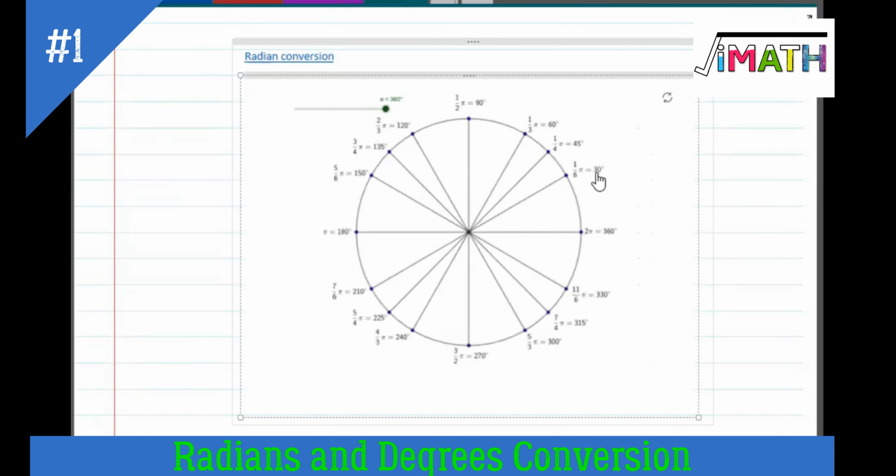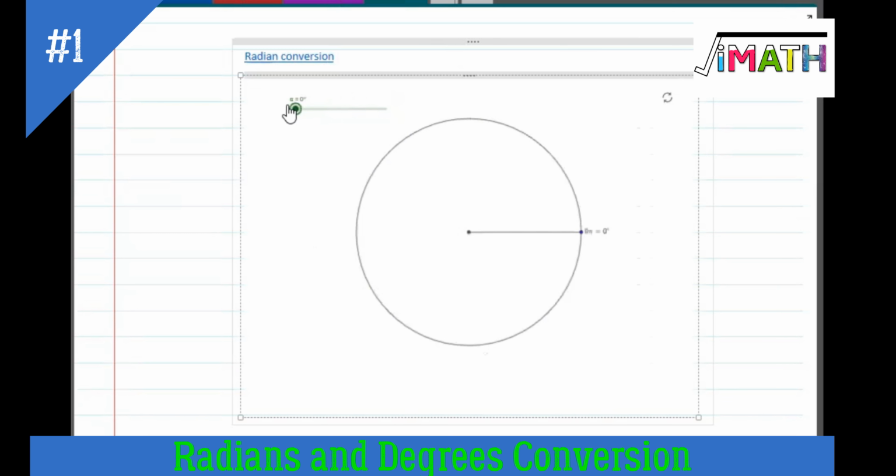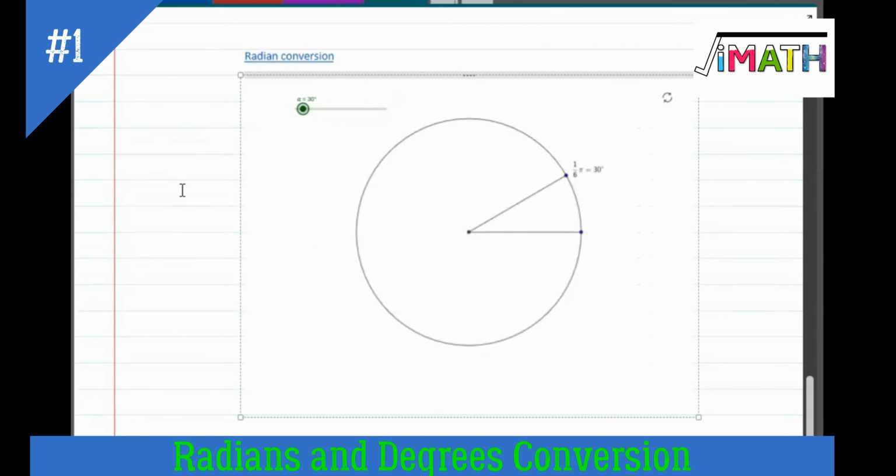We have this 30 degree, 45 degree, 60 degree, and 90 degree. And we want to know what would be the values. So let's start with 0, and I'm just gonna increase the value here. So we have got 30 degrees in terms of degrees, and pi by 6 radians.